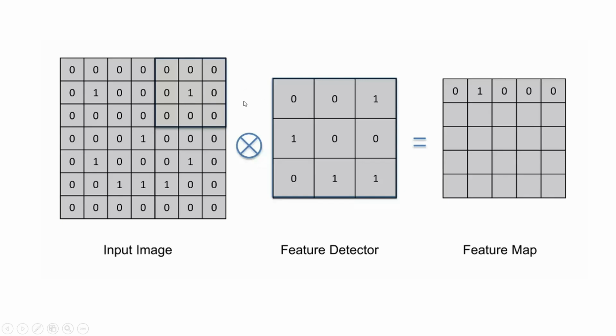Now this 1 will be multiplied by this 0. Their product is 0. This 0 is multiplied by 1. Their product is 0. In the same manner, the entire filter coefficients will be multiplied with the image coordinates or pixels, so that their sum of products will be given. So here after filtering, the sum of products is 0.